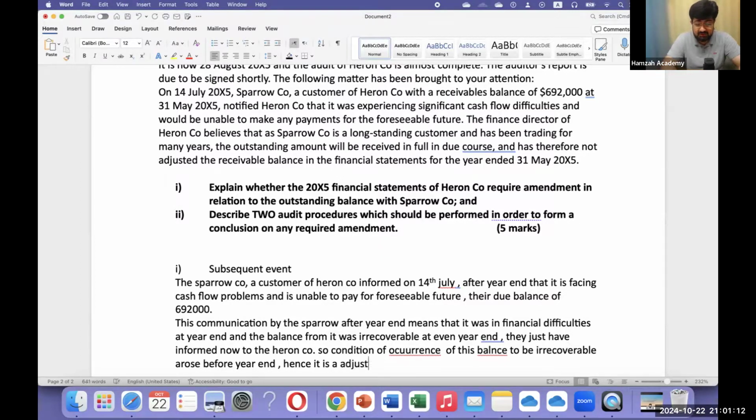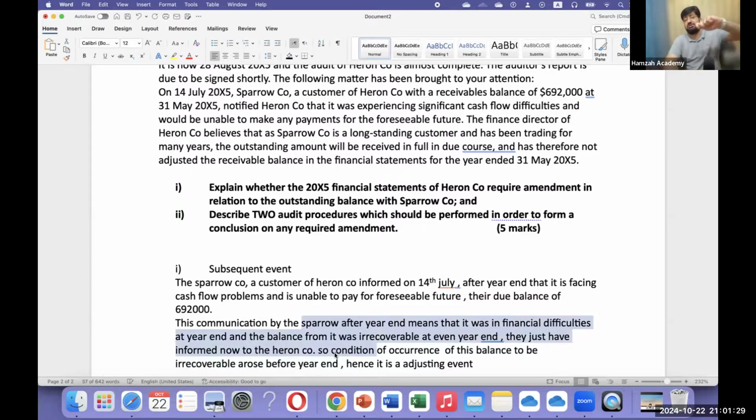Now, students do not explain it properly. They just give a verdict, it is an adjusting event. How? These three lines are justifying it. I must say 3 marks are for it and 2 are for the procedures. So for 3 marks, we have to write. Now, the materiality of the balance.